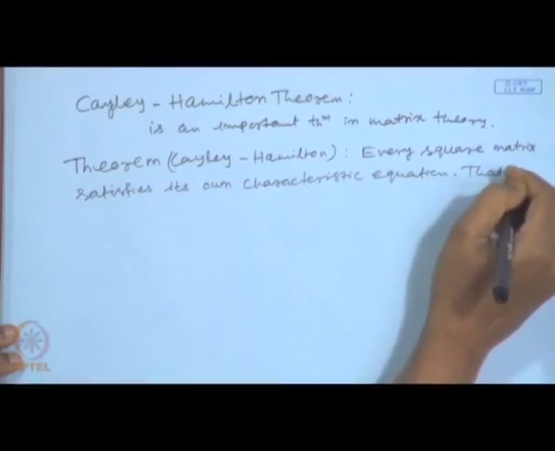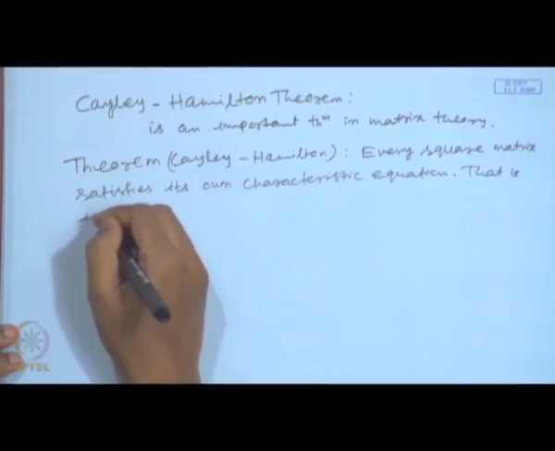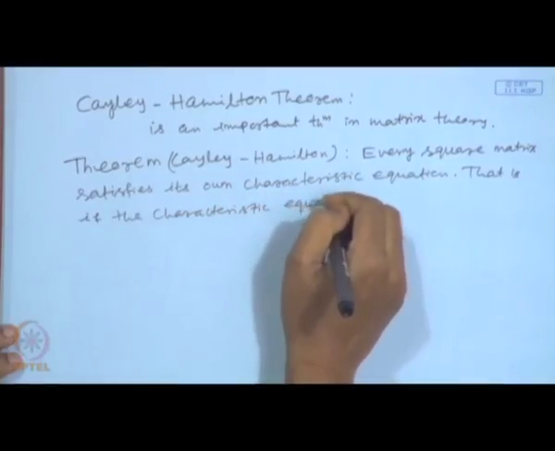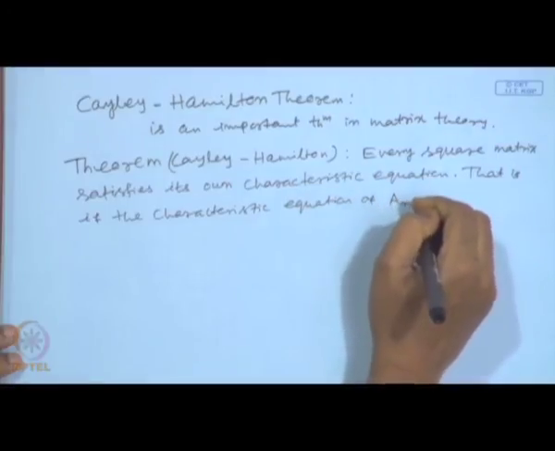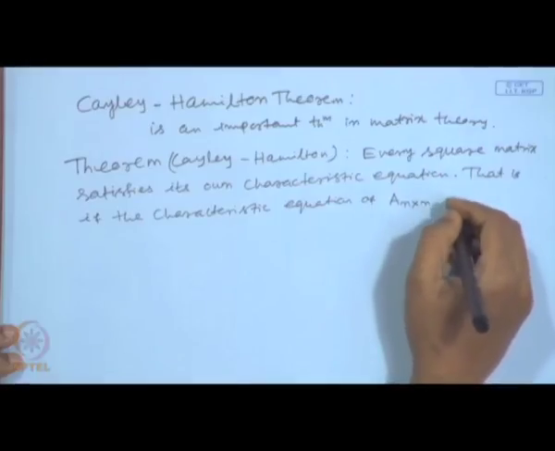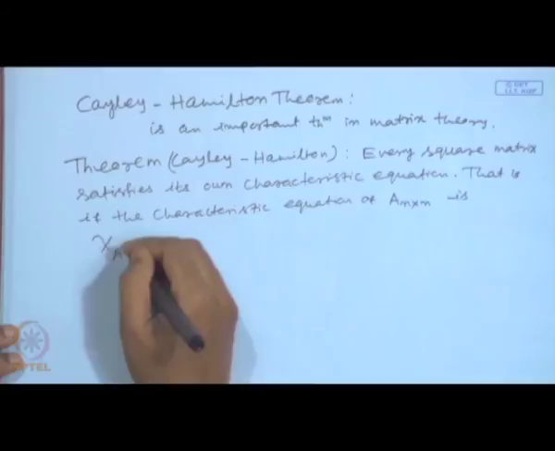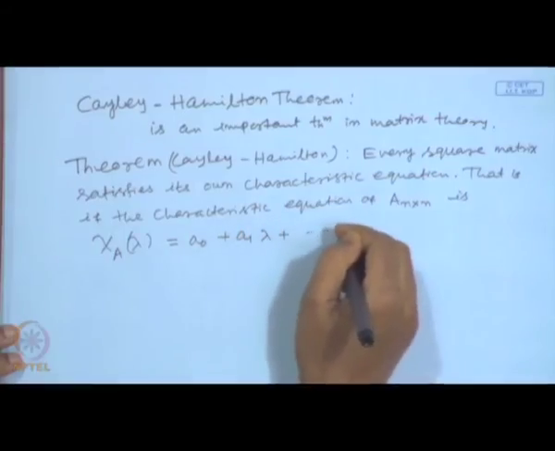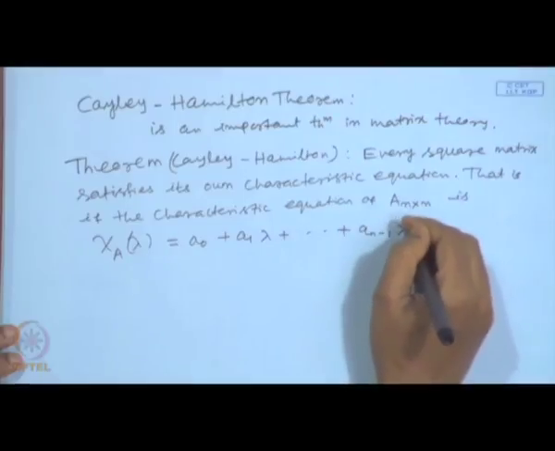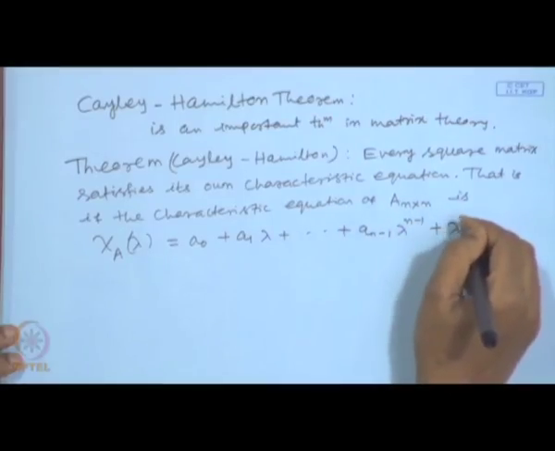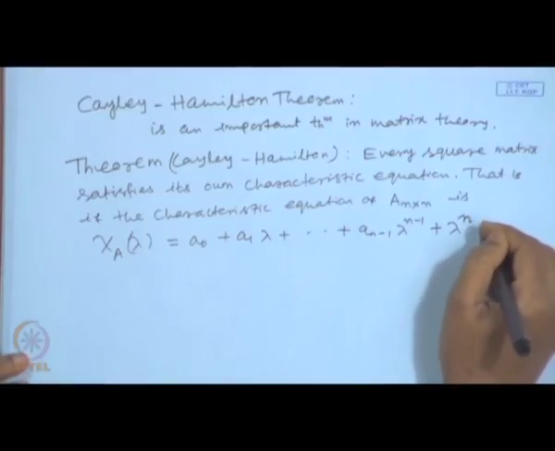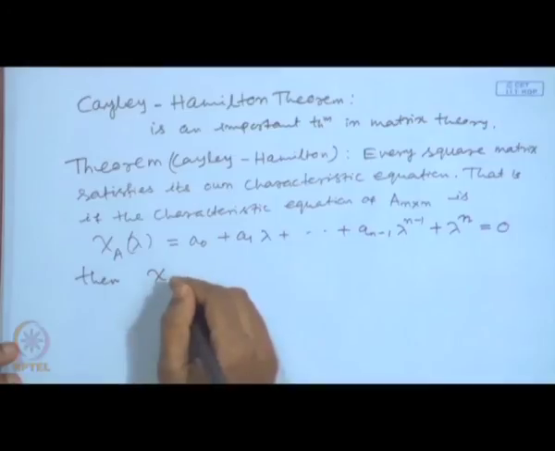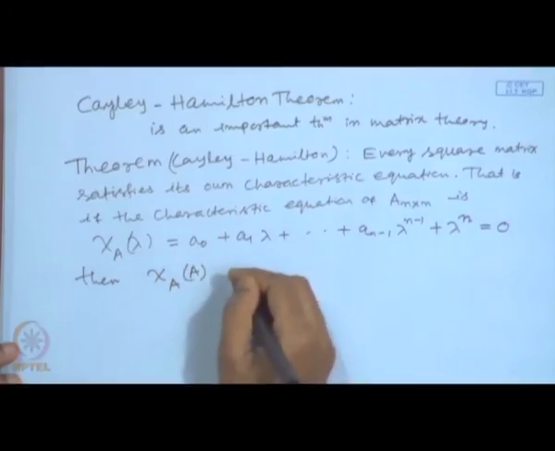That is, if the characteristic equation of this matrix A of size n is chi A of lambda equals a0 plus a1 lambda up to a(n-1) lambda to the power n minus 1 plus lambda to the power n, equal to 0, then chi A of A is equal to 0.